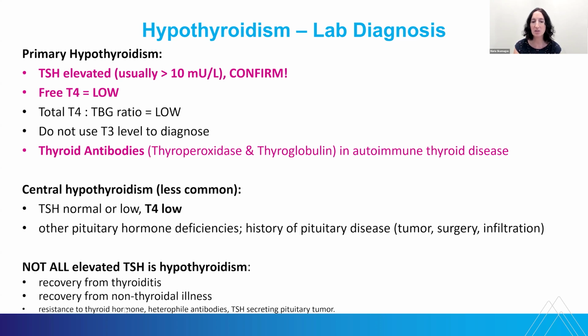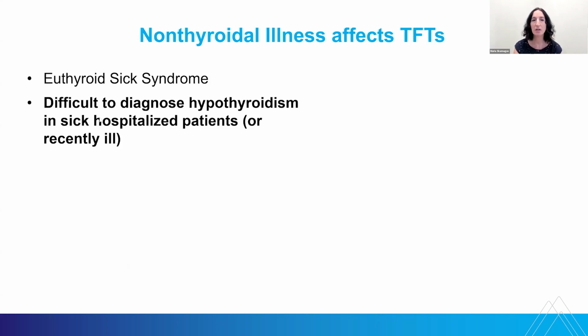Very rare resistance to thyroid hormone, so the thyroid hormone receptor doesn't work properly and TSH levels go up to stimulate more T4 production. Rare TSH secreting pituitary tumor, very, very rare, and heterophile antibodies. If somebody works with mice, they can develop antibodies that cross over with the TSH assay. If you check a different assay, it could be normal.